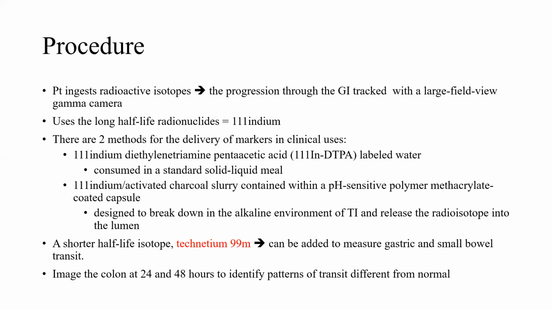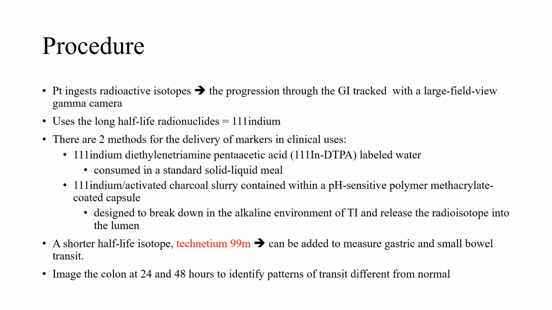The first one would be 111 indium DTPA, which is consumed in a standard solid liquid meal. The other one is 111 indium in an activated charcoal slurry contained within a pH-sensitive polymer-based capsule. This one is specifically designed so that it will only break down in the terminal ileum (TI) environment, and then it will release the isotopes in the TI onwards.